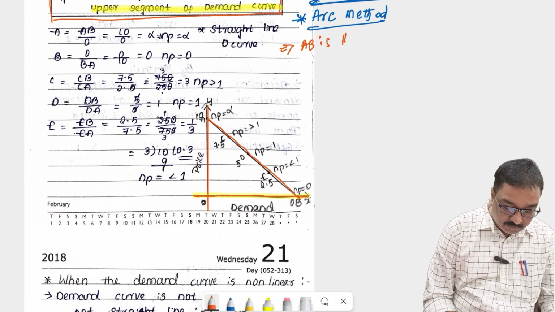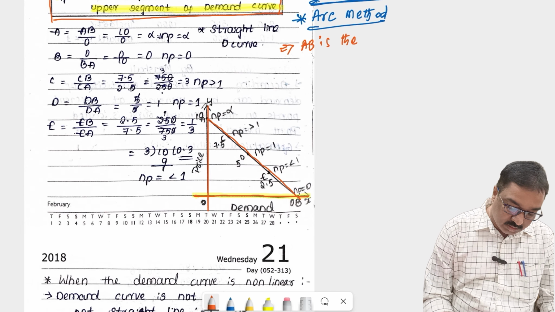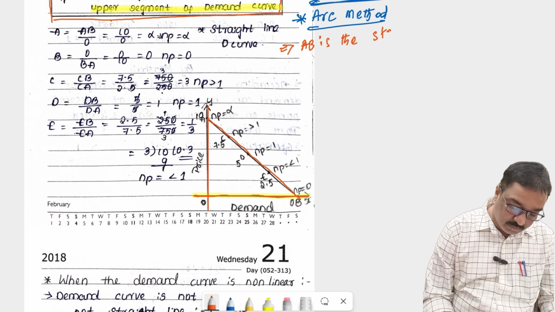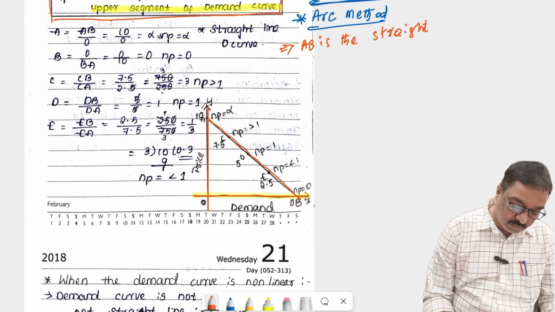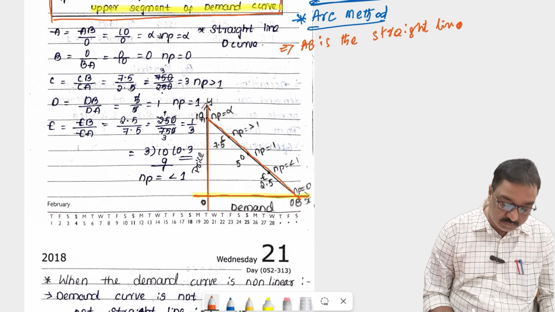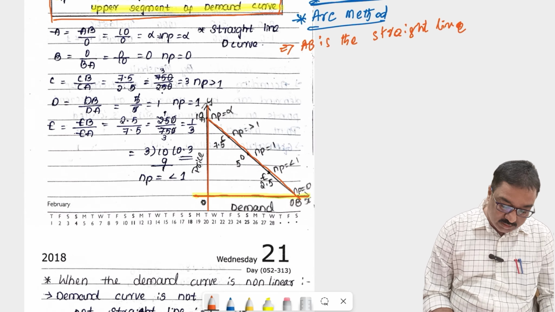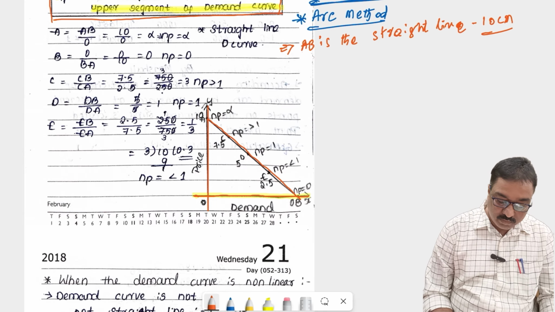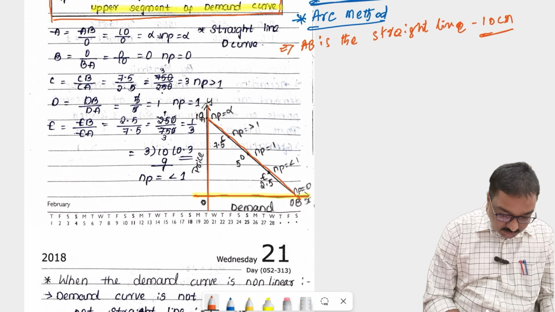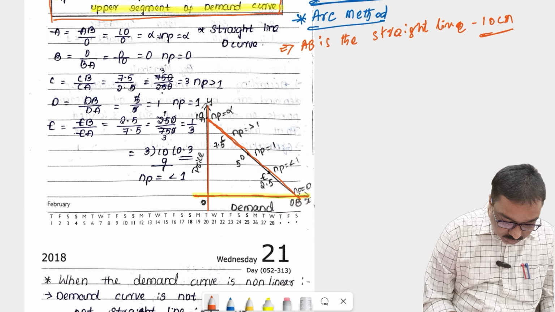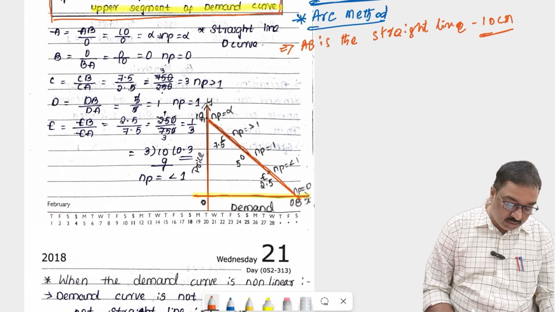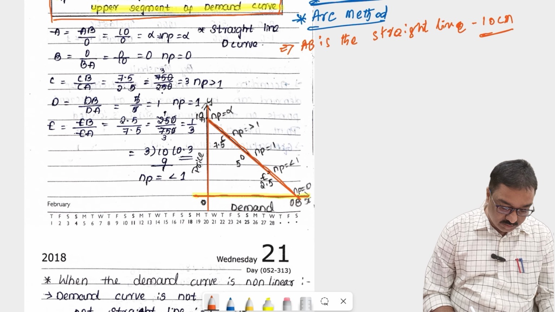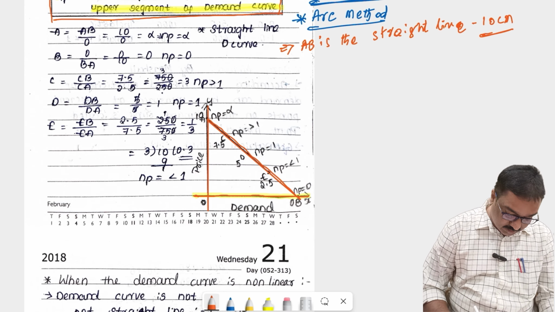AB is the straight line, with two end points. Its total length is 10 centimeters, from here to here. Total length is 10 centimeters.